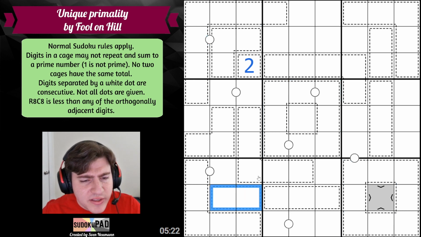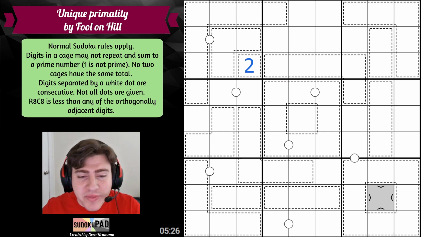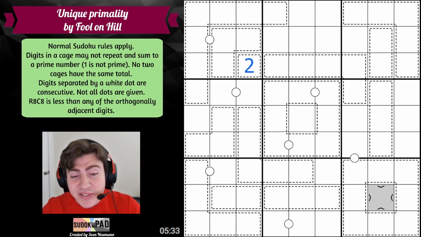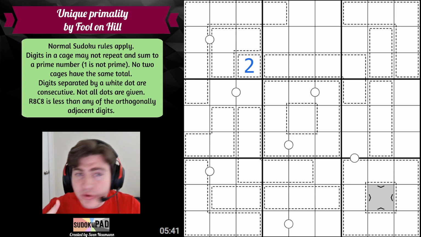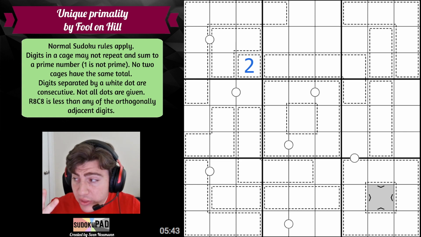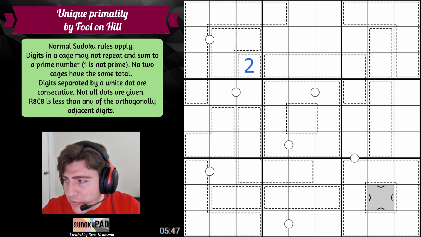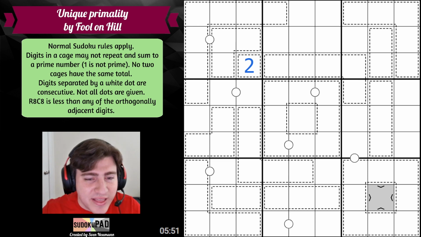And actually the 8-cell cages will also be restricted because you can only ever remove one digit from them. 45 minus 9, our maximum, leaves us with 36, and then 45 minus 1 is 44. So anything between 36 and 44, which is our 37, our 41, and our 43 numbers, will be in the 8-cell cages.